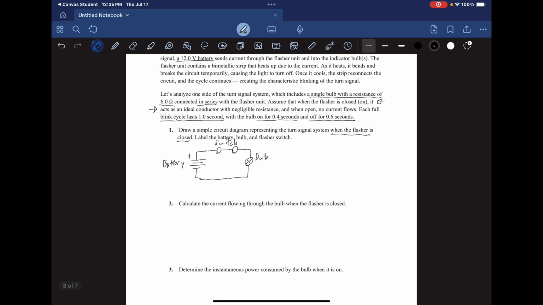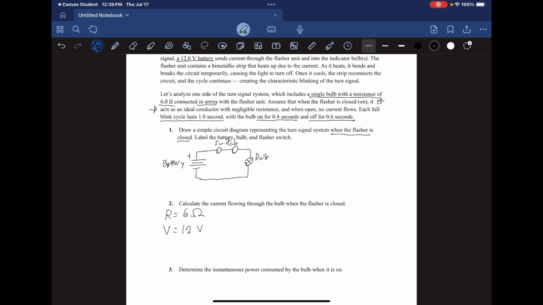So now it asks us to calculate the current flowing through the bulb when the flasher is closed. Something I like to do is label the things that we have. So we know that resistance R equals 6 ohms. I highlighted that up above. And we have V, our voltage, equals 12 volts. And now you can see, okay, I have resistance, I have voltage.